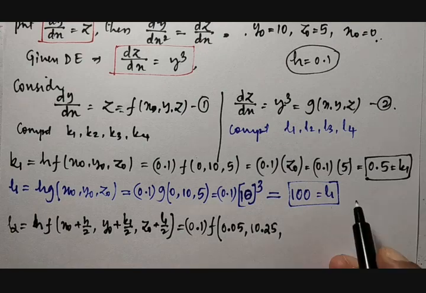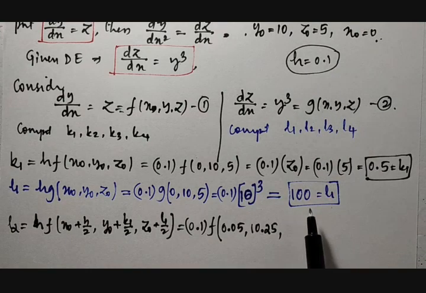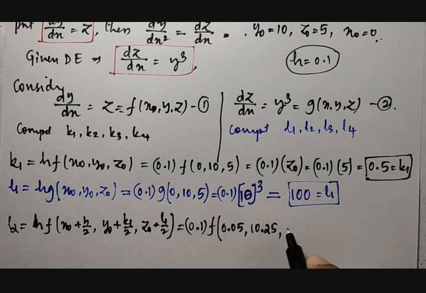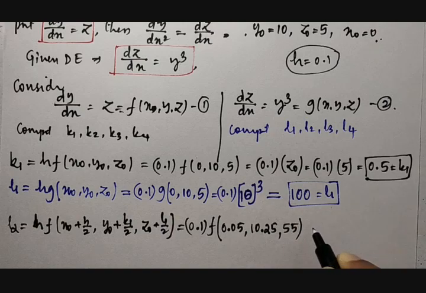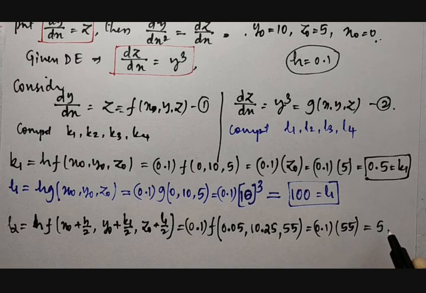Next, z naught is 5, 5 plus 100 by 2, 50, 50 plus 5, it will be 55. Okay, therefore it is 0.1 into z value, that is 55. Therefore this is equal to 5.5. This is K2.